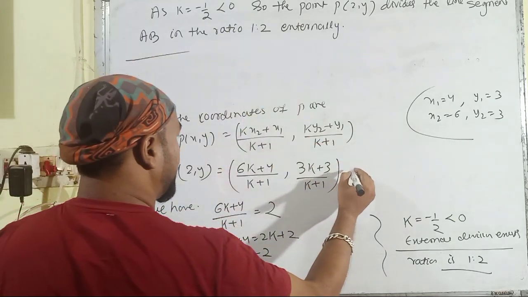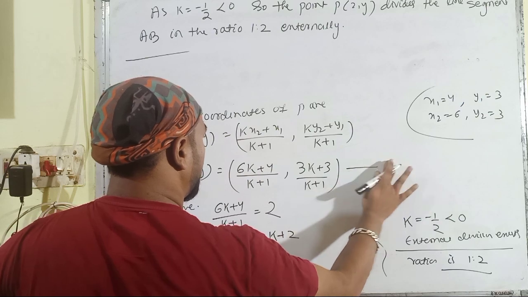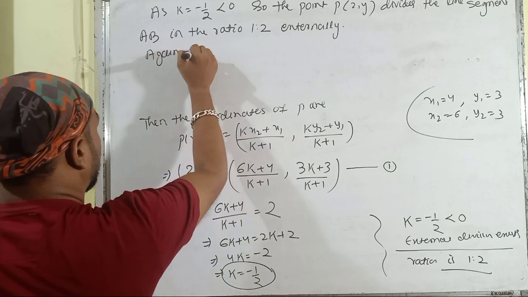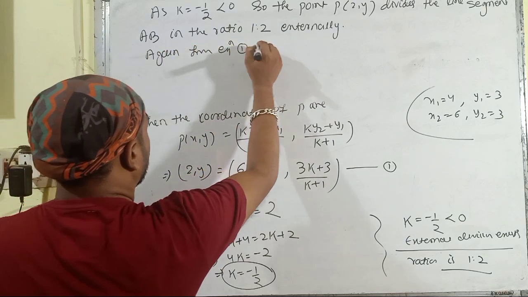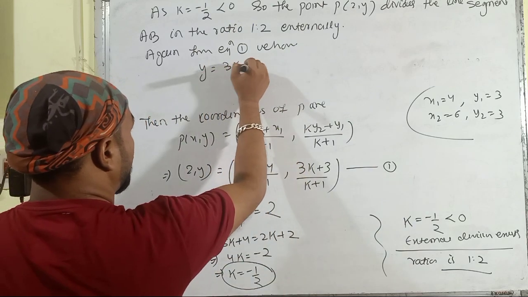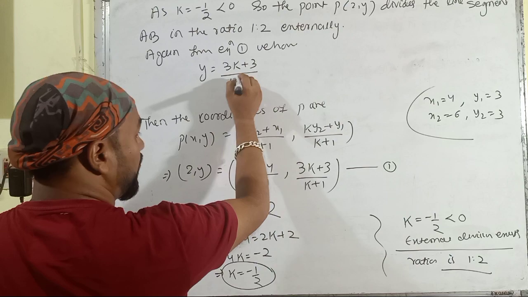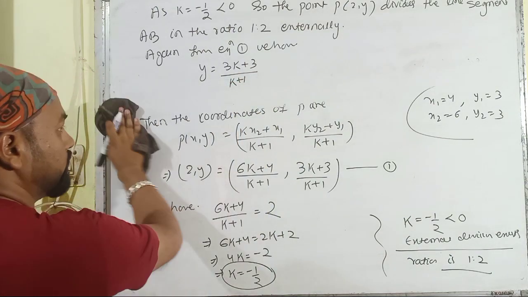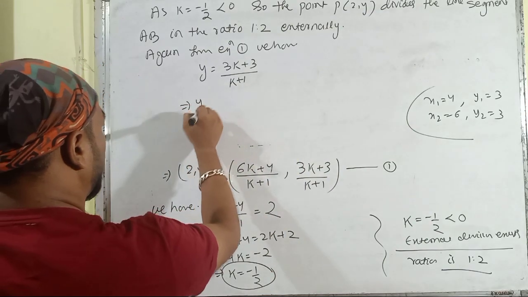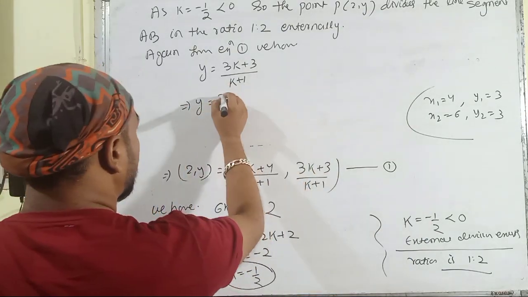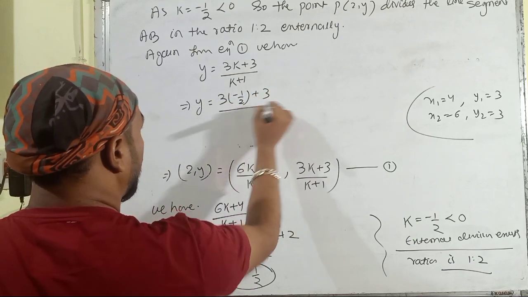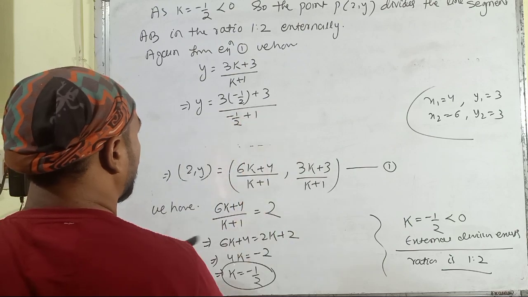Consider this as equation 1. From equation 1 we have y is equal to (3k plus 3) divided by (k plus 1). Just let us put the value of k here: 3 into minus 1 upon 2 plus 3, divided by minus 1 upon 2 plus 1.